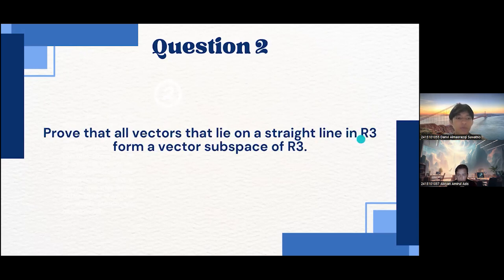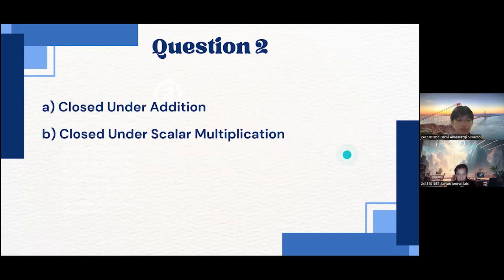Then there's question number 2. Prove that all vectors that lie on a straight line in R3, or vectors in third dimension, form a vector subspace of R3. A line that passes through the origin is proven to be a subspace because it satisfies the two main conditions from the subspace theorem.